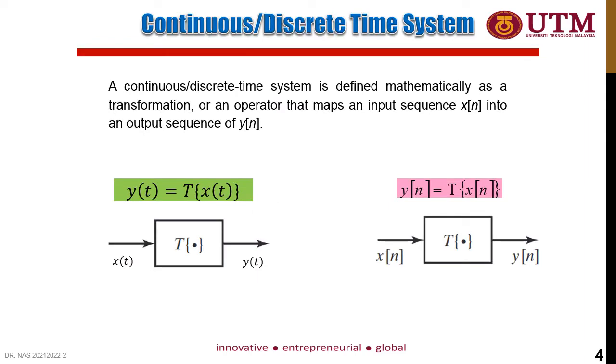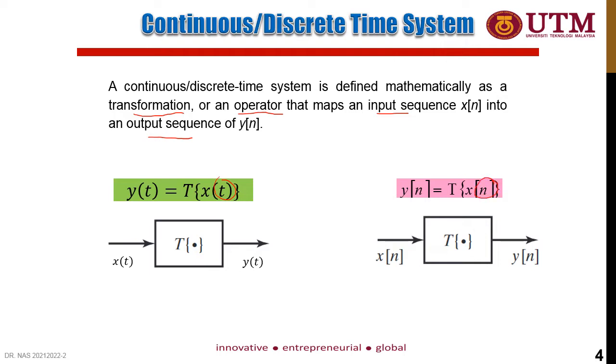Okay, a system can be defined mathematically as a transformation or a process, also known as an operator, that maps an input sequence into an output sequence. So it applies both in the continuous time t domain and also the discrete time system.